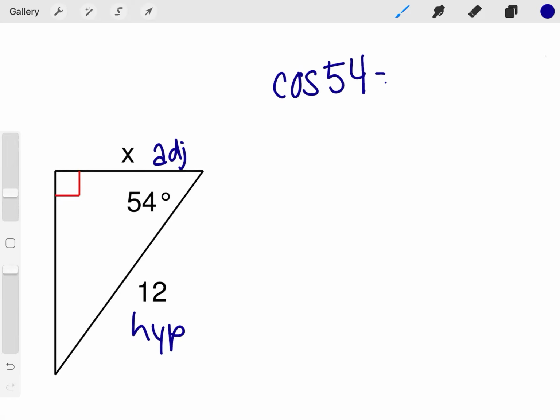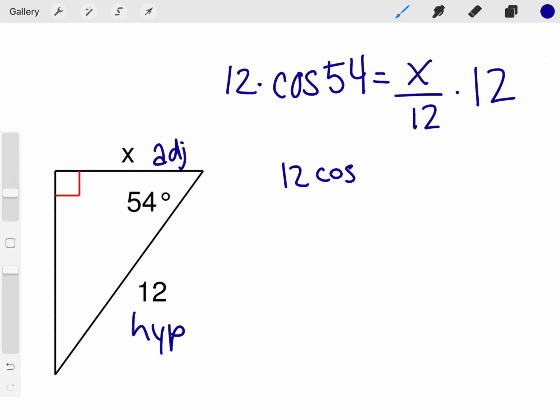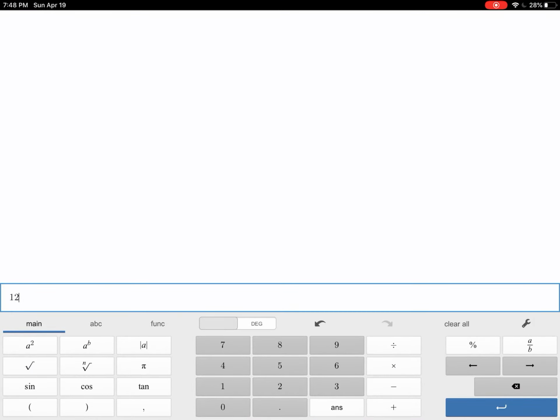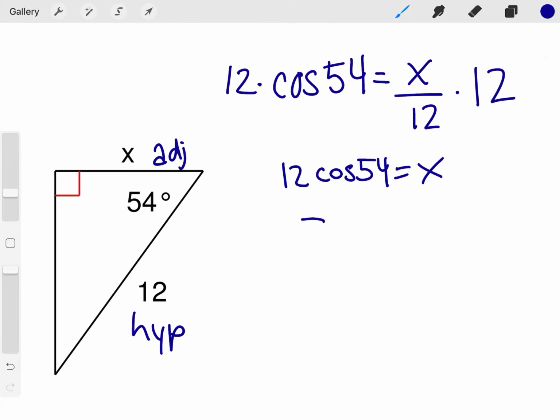Cosine of 54 degrees equals the adjacent side divided by the hypotenuse. To isolate x, we multiply both sides by 12. We get 12 times cosine of 54 equals x. We go over to Desmos to calculate that. 12 times cosine of 54. We get 7.053, which rounds up to 7.1.